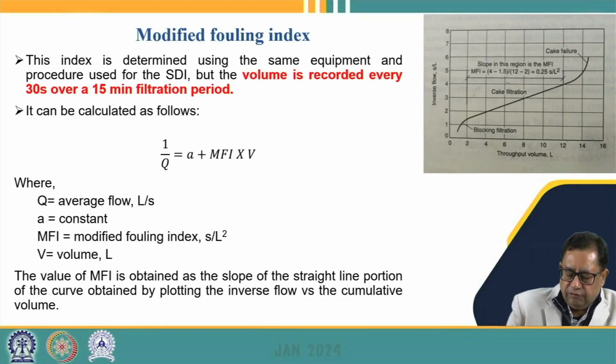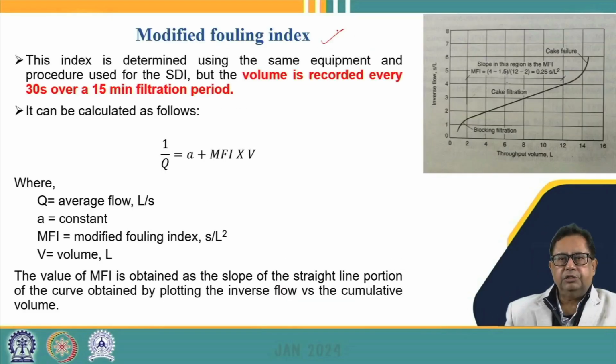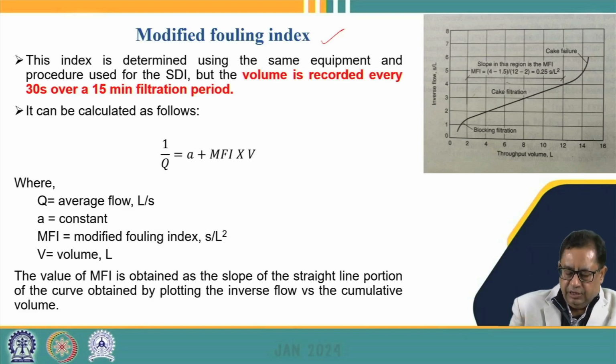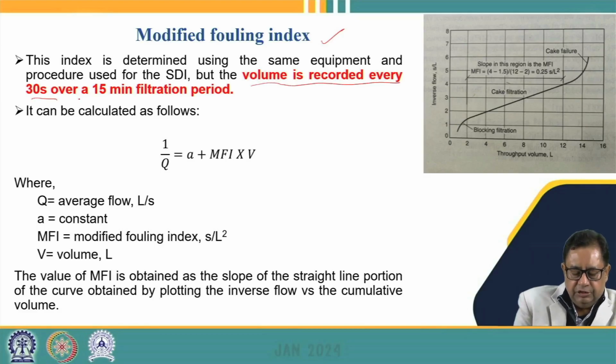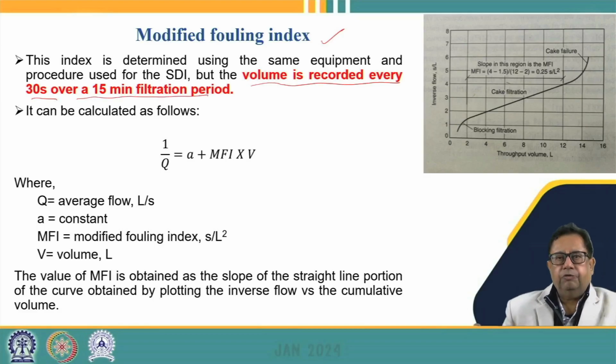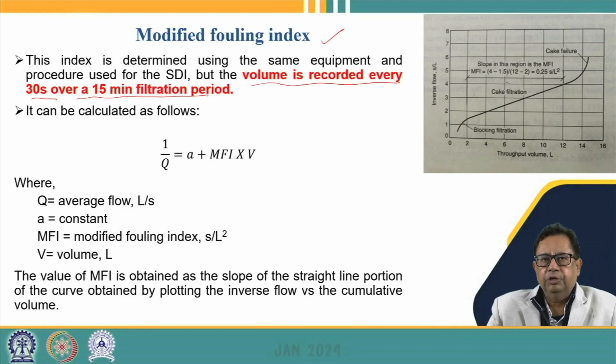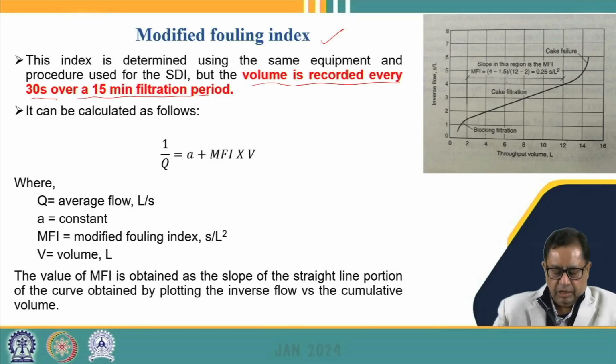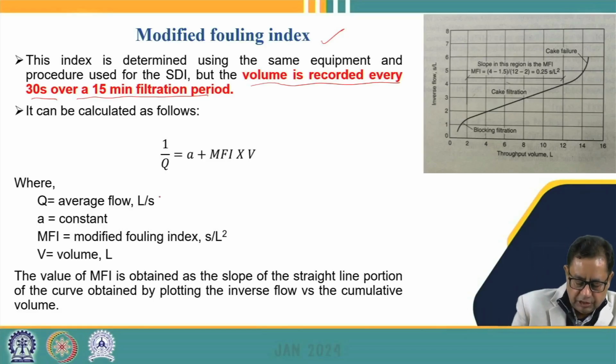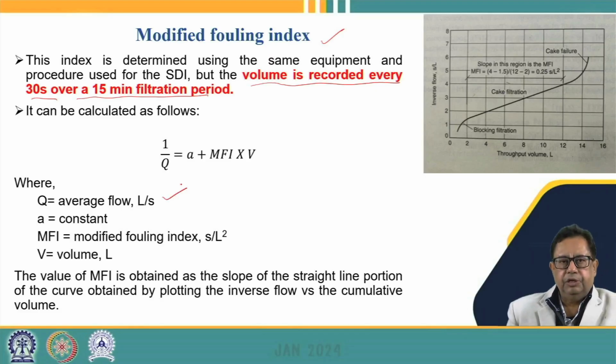Then we can also have the modified fouling index. Here the filtration is done and the volume is recorded every 30 seconds, and we filter for around 15 minutes. So we record the volume of the water or the wastewater every 30 seconds, and we take the test up to around 15 minutes of filtration period. Then we have the data of the average flow through the filters.